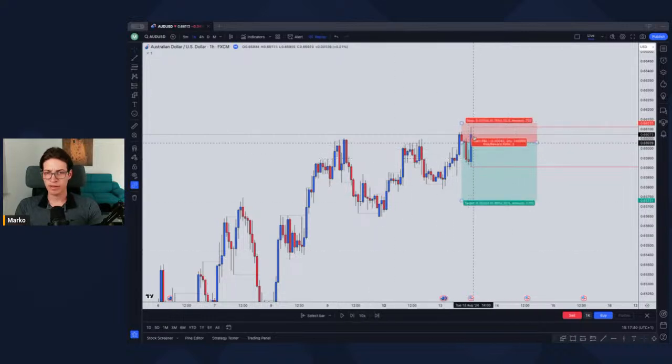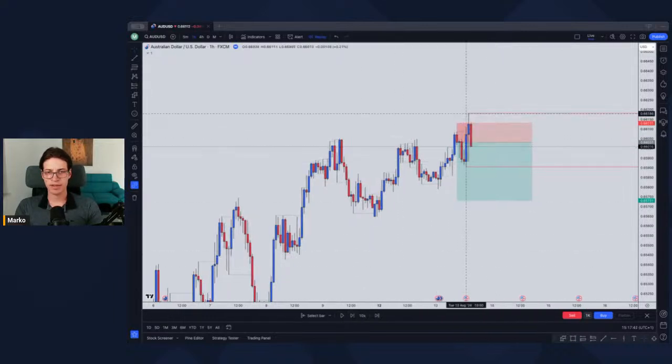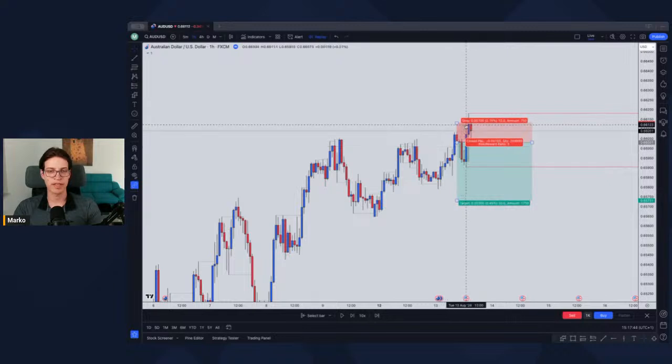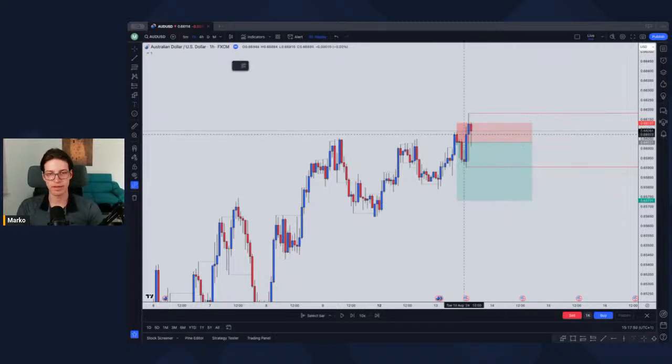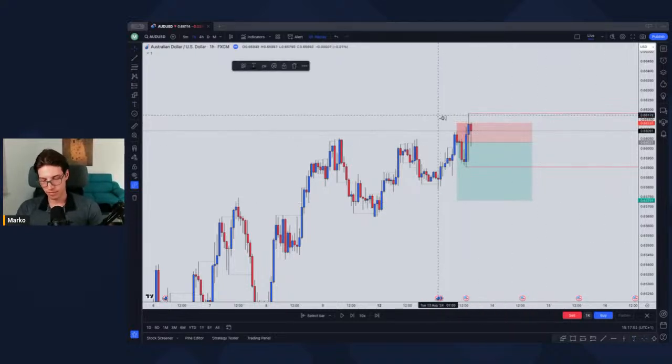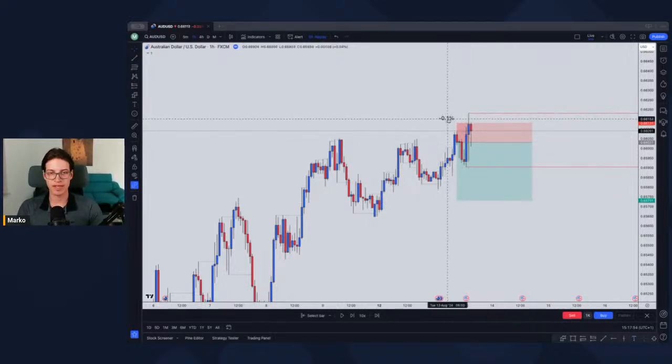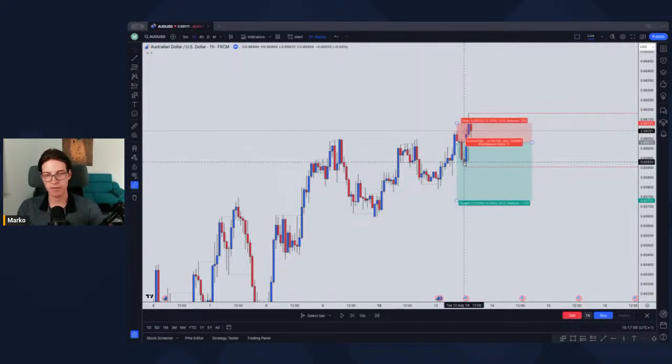And then got taken out for the rest right here with a 10 pip stop loss, and it was a net minus 0.1%. So this was the net loss, right? Because I closed half of it in profit, and I closed the rest in negative.